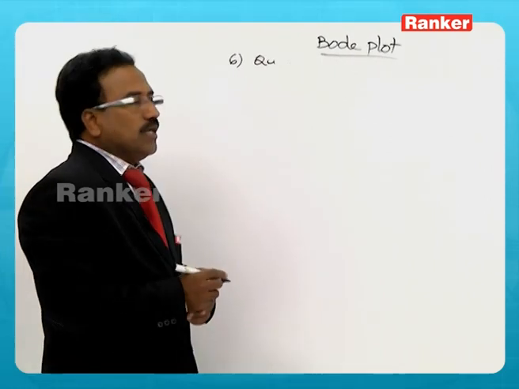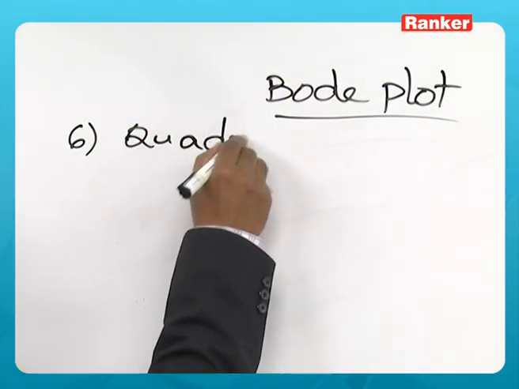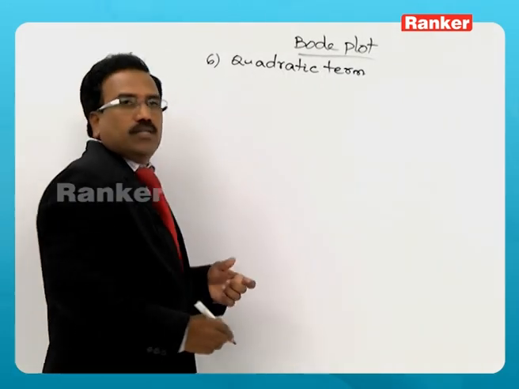The last term that appears in Bode plot is a quadratic term. Quadratic term means it is a second order function.